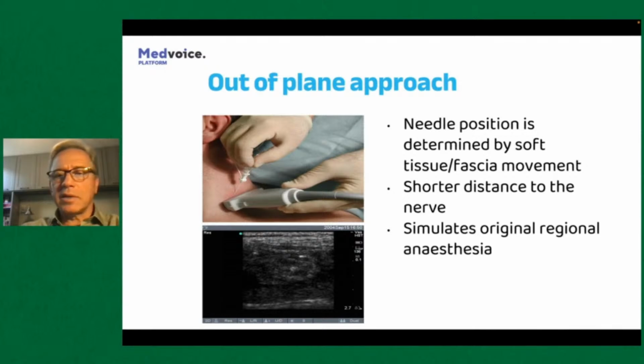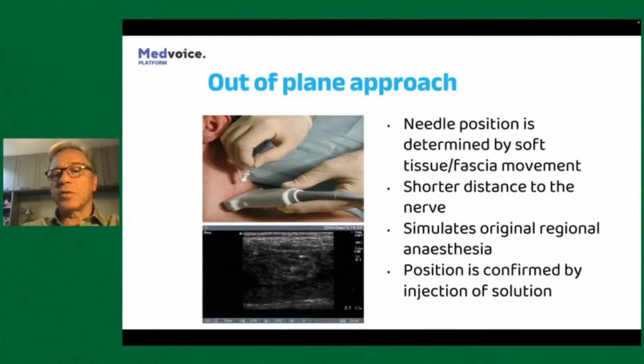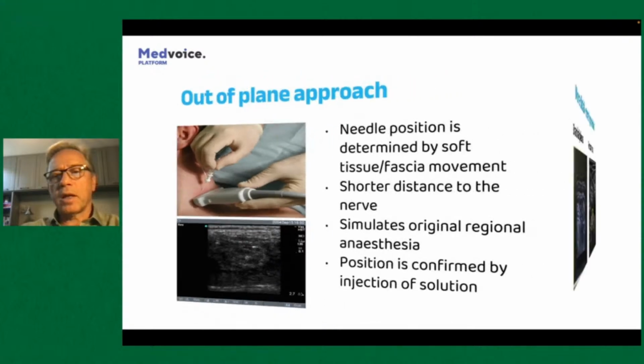It kind of simulates the regional anesthesia. So it's a lot quicker to get to, but the majority of anesthetists prefer the in-plane technique, and position will be confirmed eventually by you injecting. Before that, you sometimes don't quite know where you are with this approach.